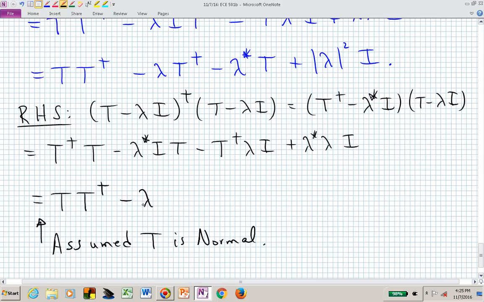Then we have minus lambda star T minus lambda T dagger plus the norm of lambda squared I. And hopefully that looks like the blue. It's just that the middle two terms have been interchanged, but they're exactly the same two terms.